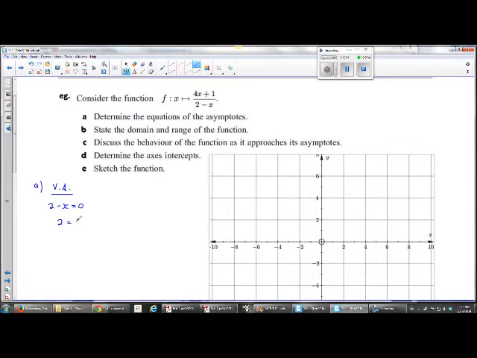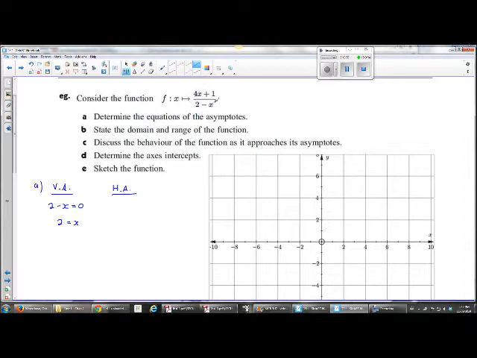Now, the other asymptote we're going to find is the horizontal asymptote. And like we just found on the other page, the horizontal asymptote is a ratio of the coefficients of x.